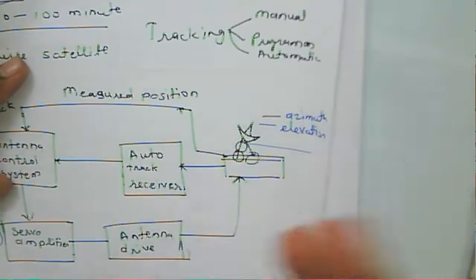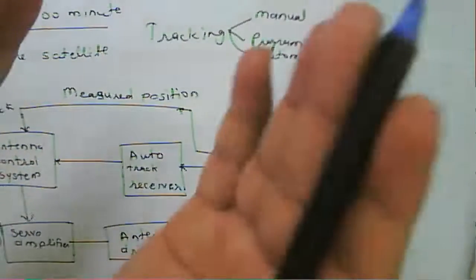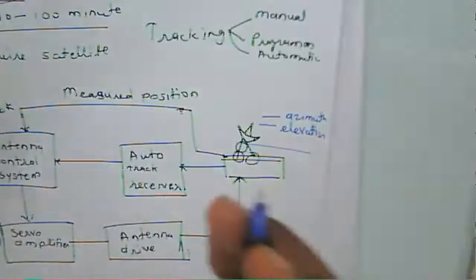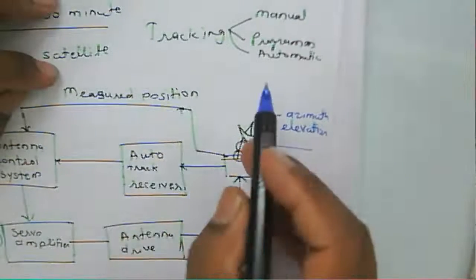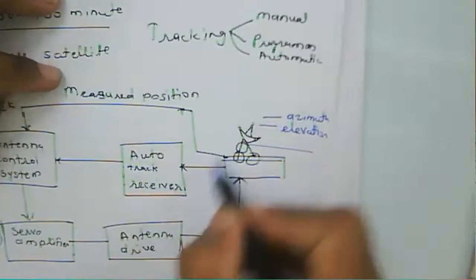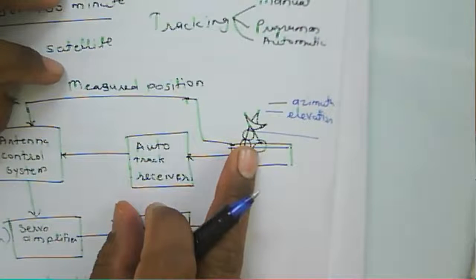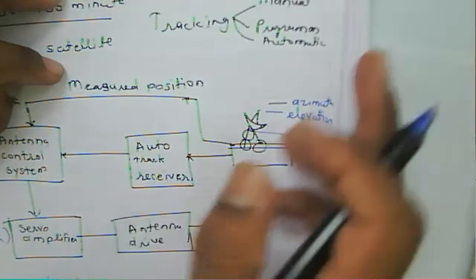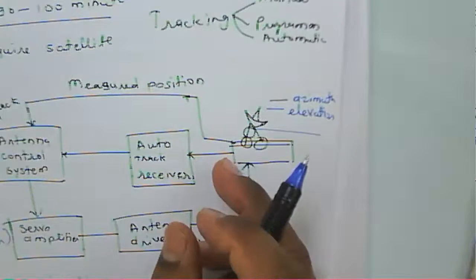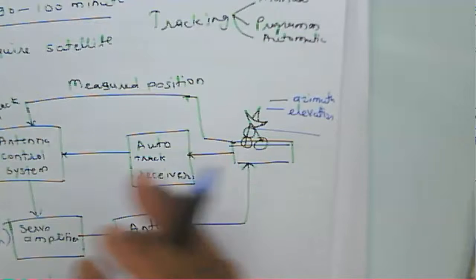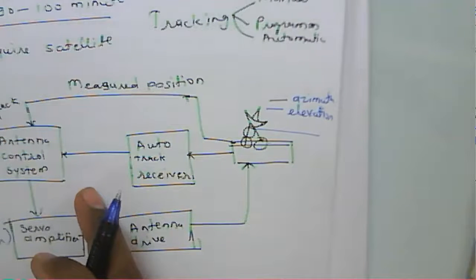Suppose a disturbance occurs every day of 1 degree. According to that, the path is to be predicted for the satellite, and according to that, the data is to be fed.